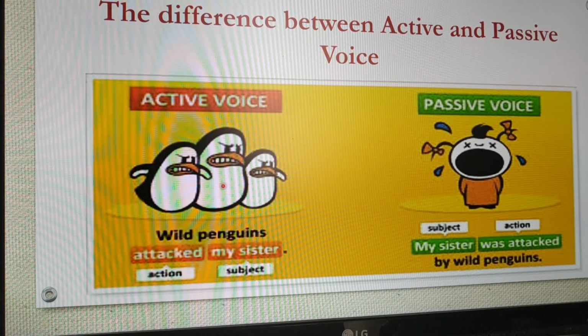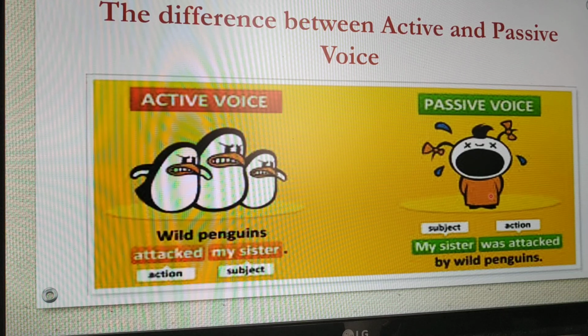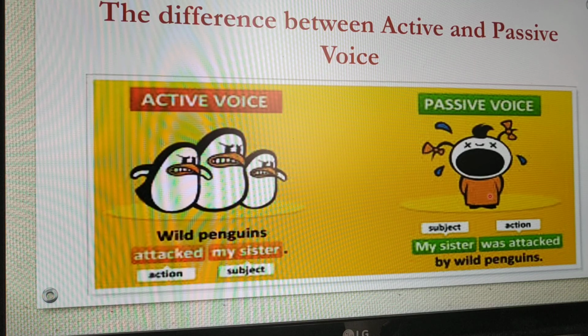In the active voice: I perform my home task 5 days a week. My home task is performed by me 5 days a week. So here we see some examples, and here we see the difference between active and passive voice.